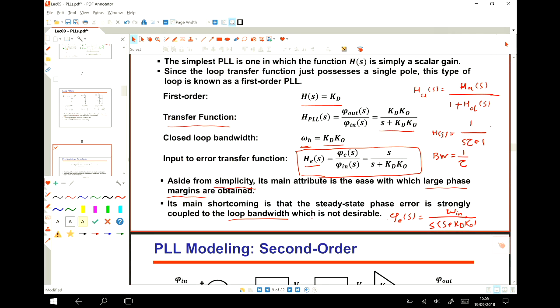So d phi over dt, Laplace of this, which is s phi s, equals omega in divided by j omega plus KD KO.